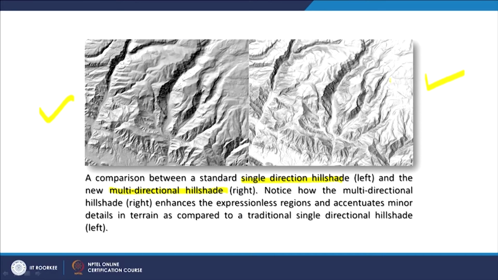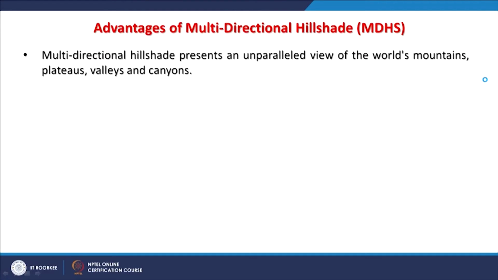So this one is a completely expressionless region, whereas this accentuates minor details in the terrain as compared to the traditional one. So this is bringing really minute details about the terrain.